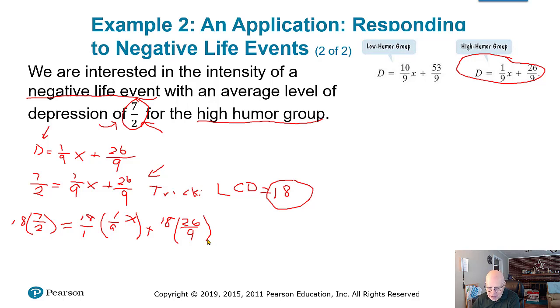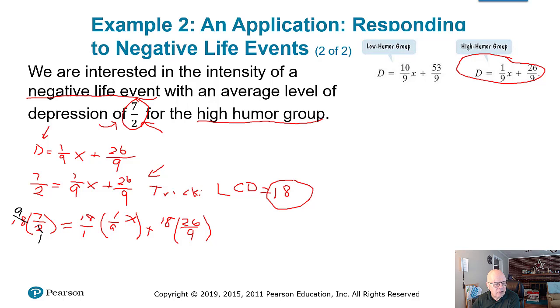Only temporarily. Because if we look back over here, I'm going to change the ink color to black temporarily. Now over here on the left hand side, the 18 and the 2 can be reduced. 2 into this is a 1, 2 into this is 9.